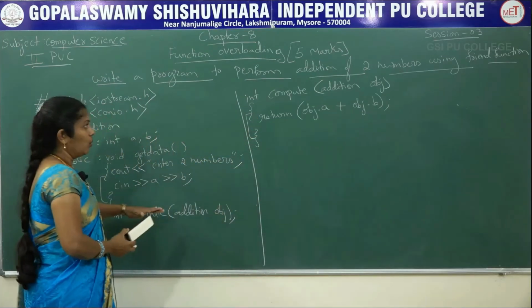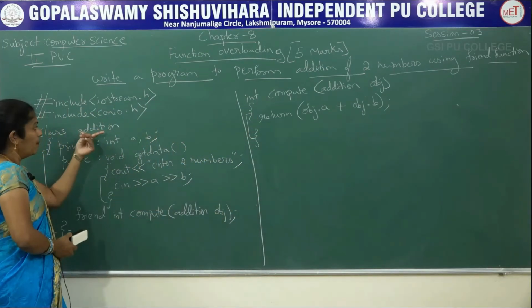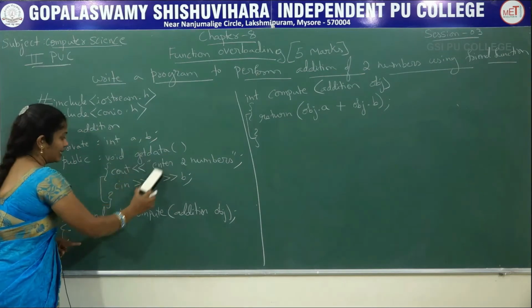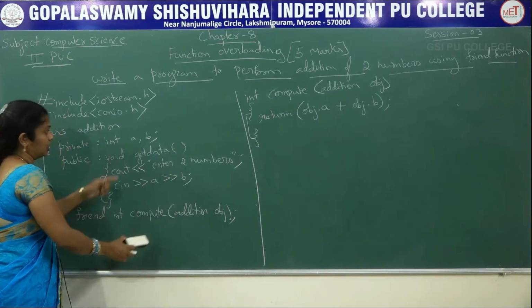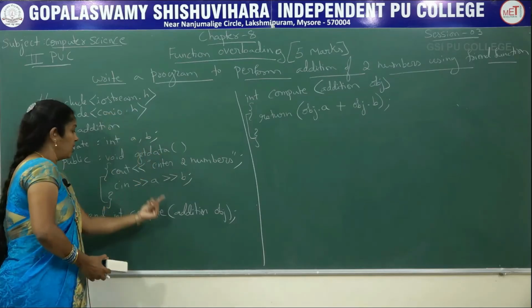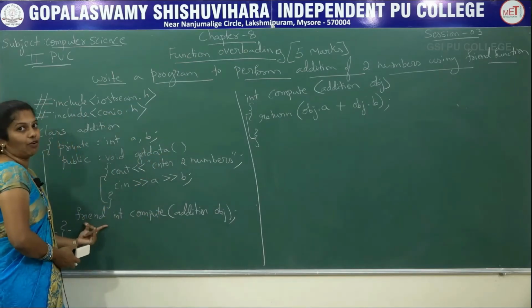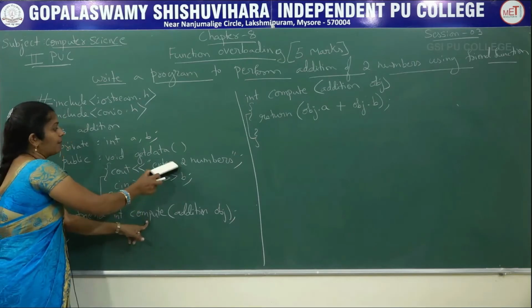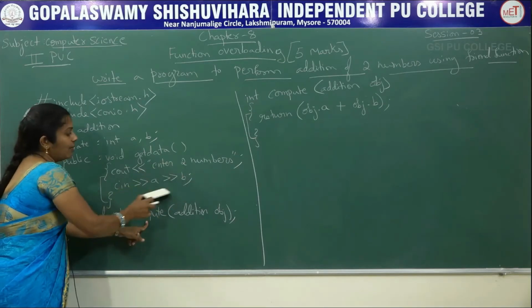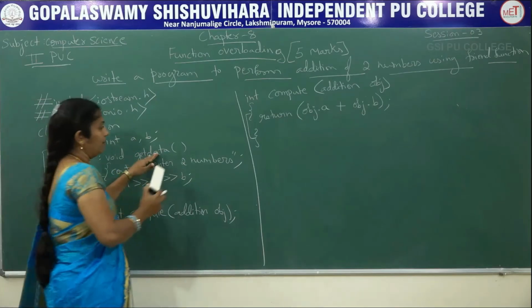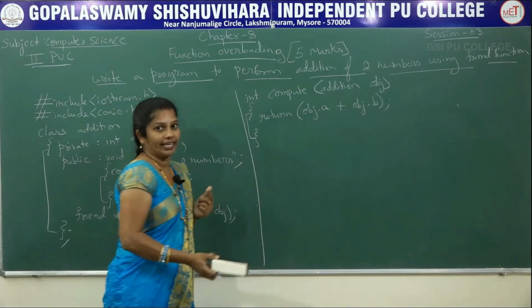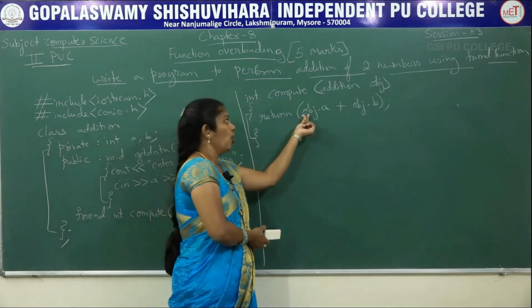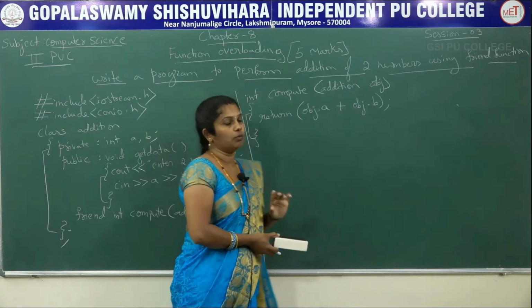Now is it clear? In this program, how many functions are there? One is the getdata function and one more is the compute function. getdata is a member function, whereas compute is a friend function. It is a non-member function, but it is able to access the private data of the class, that is a and b, with the help of object.a plus object.b.